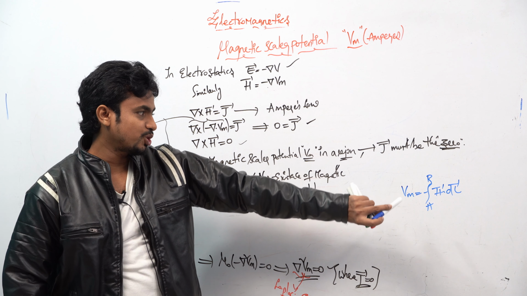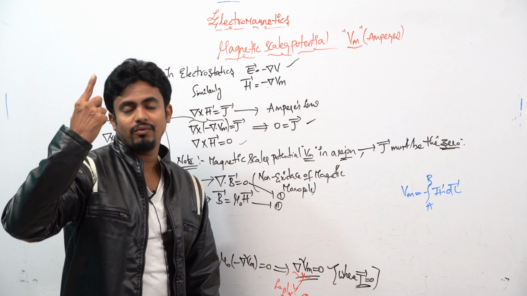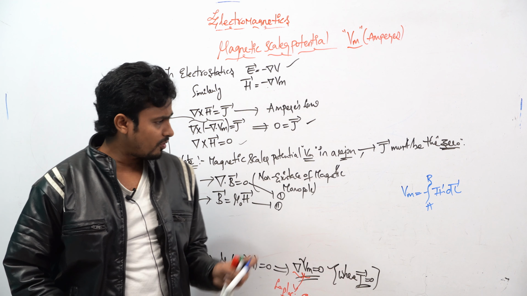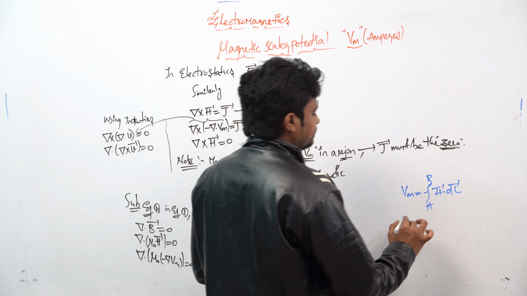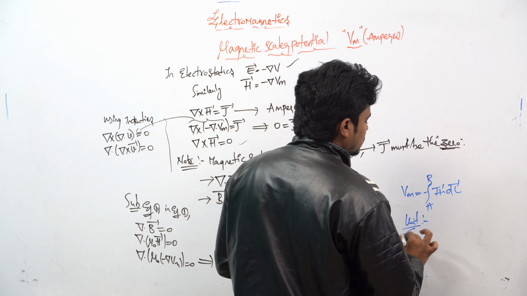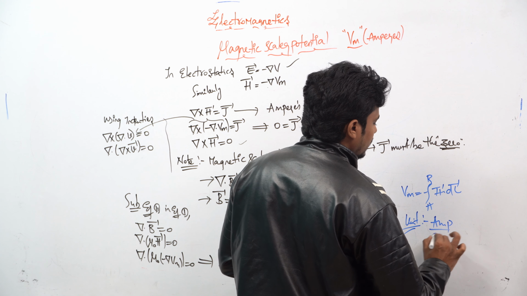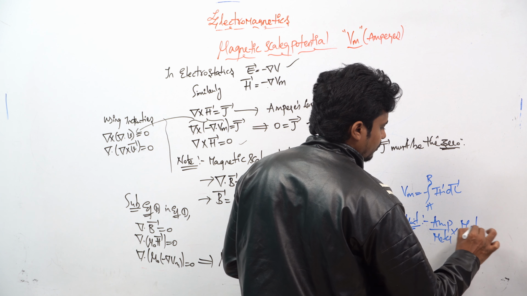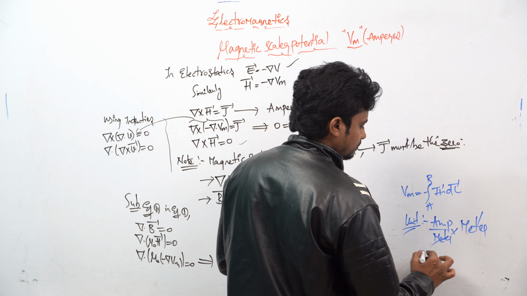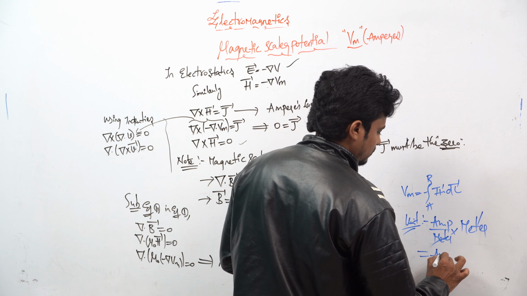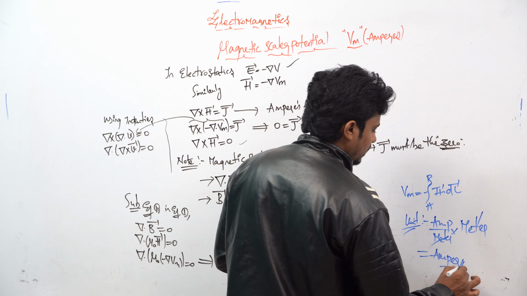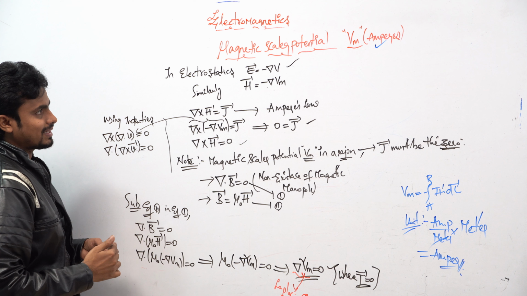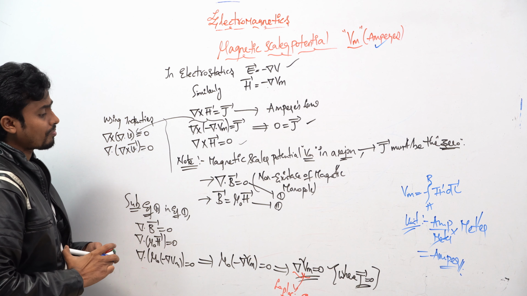V is equal to minus the integration from a to b of E bar dot dl bar, when you consider electrostatics, but here it is H bar dot dl bar. If you want to find the unit, what will happen? The unit of H bar is ampere per meter, and length is in meters. So the meter will cancel. How much will you get? Your answer will be the ampere. That's why your answer is the ampere, right?